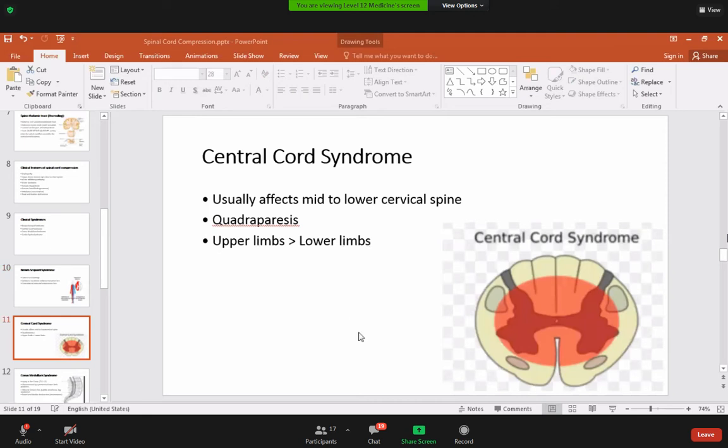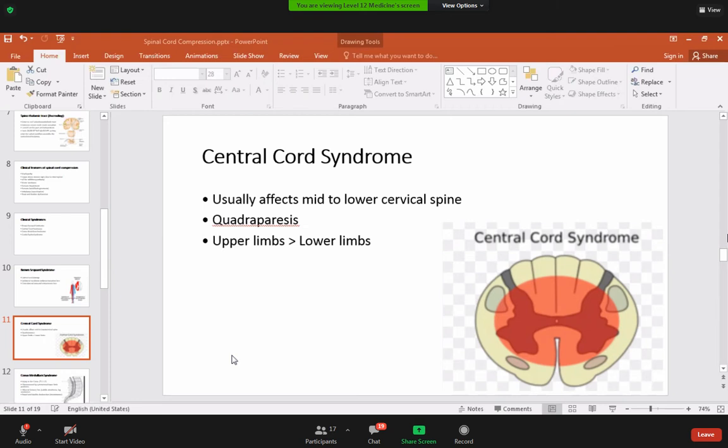Then we have central cord syndrome. Central cord syndrome usually affects the mid to lower cervical spine, and a patient usually presents with quadriparesis. It affects the upper limbs more than the lower limbs. What is happening in central cord syndrome?